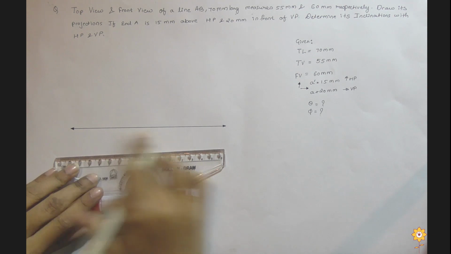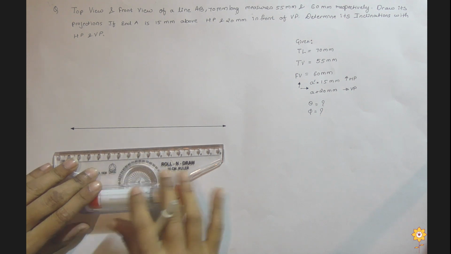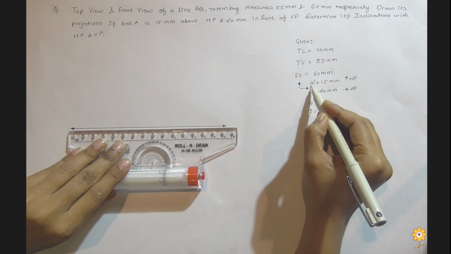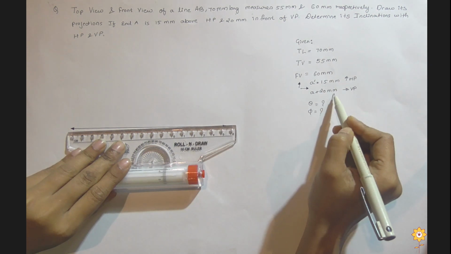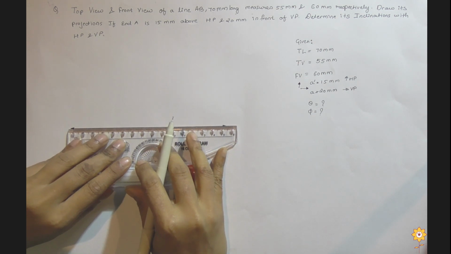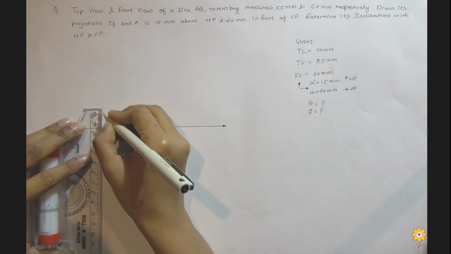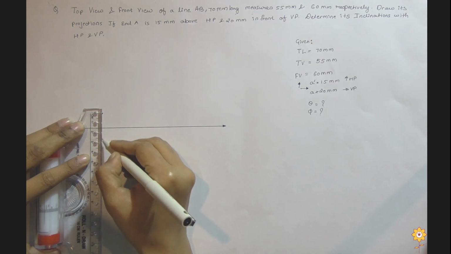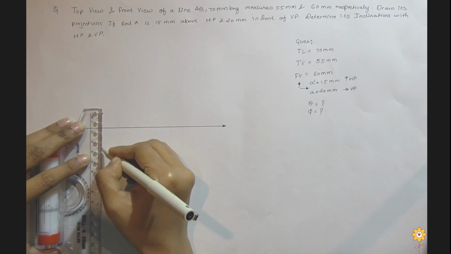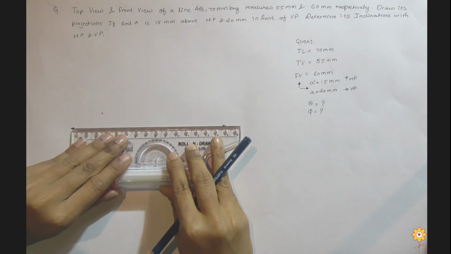Now let's move on to the solving part of the problem. First of all, we'll draw a horizontal line, which will be our reference line. I know that my point A dash from line AB, A is given, that is 15 mm above HP and 20 mm in front of VP. So I'll draw that. As we have two lines, I'll draw the locuses for the same.